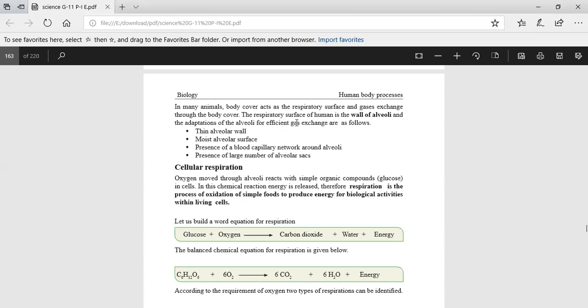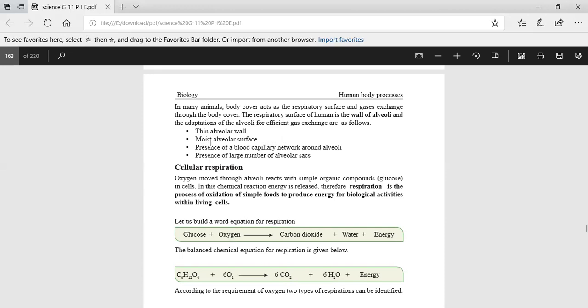The respiratory surface in humans is the wall of the alveoli, and the adaptations of the alveoli for efficient gas exchange follow. Think, what are the characteristics of efficient gas exchange?